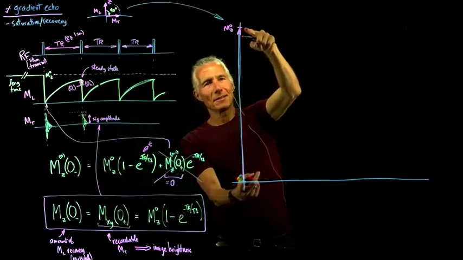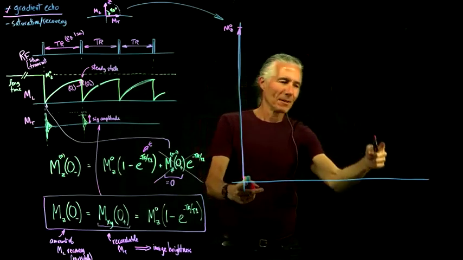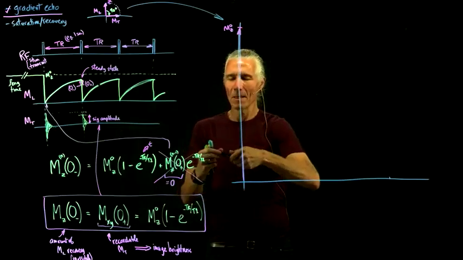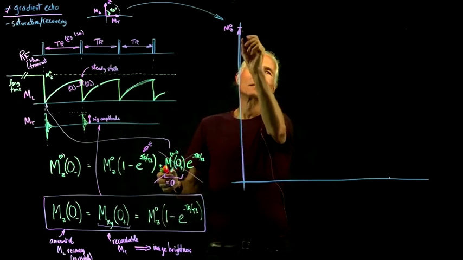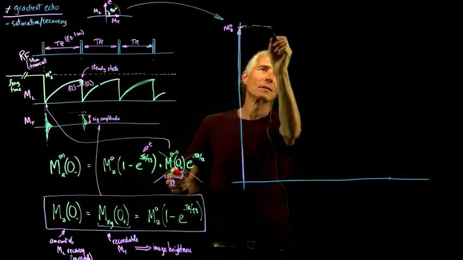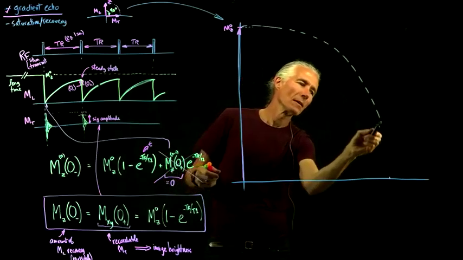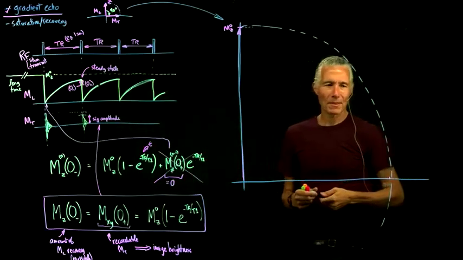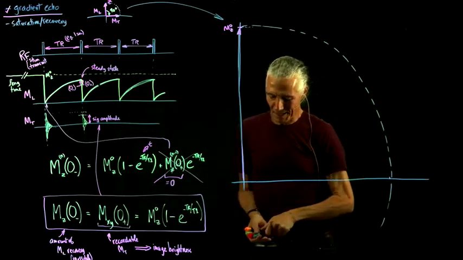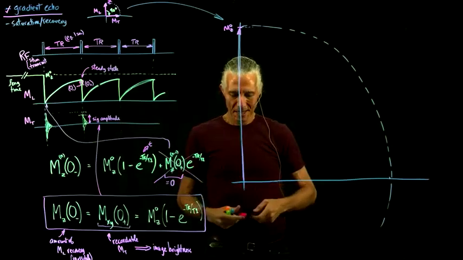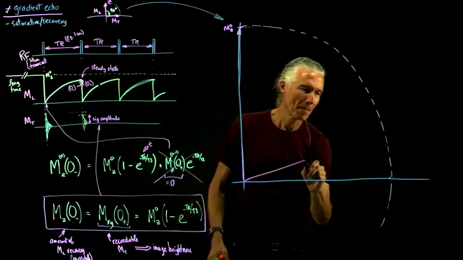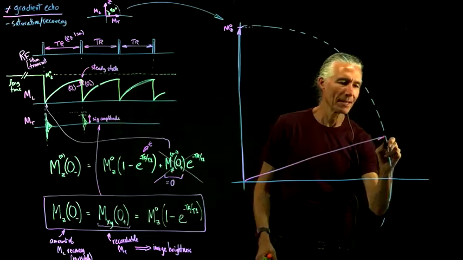So now we do an RF pulse. But say we missed, and we didn't get exactly 90 degrees. Say we got like that.